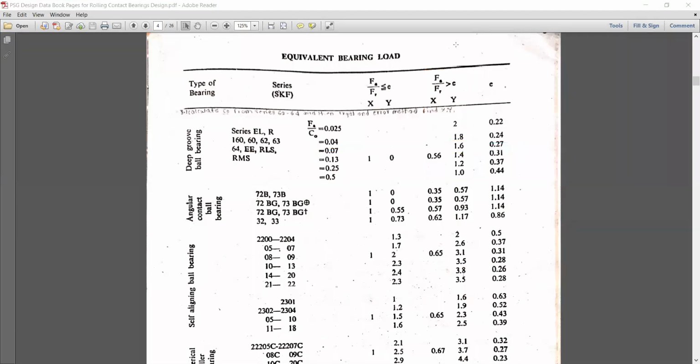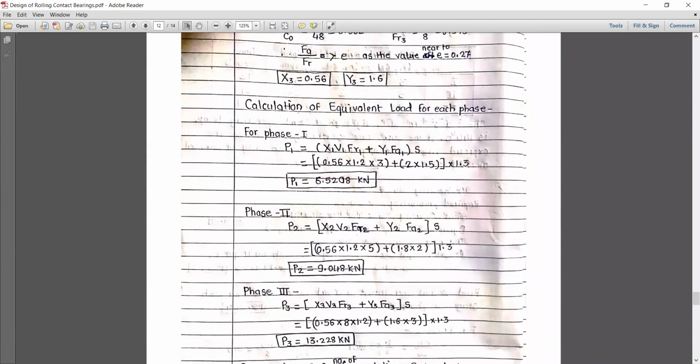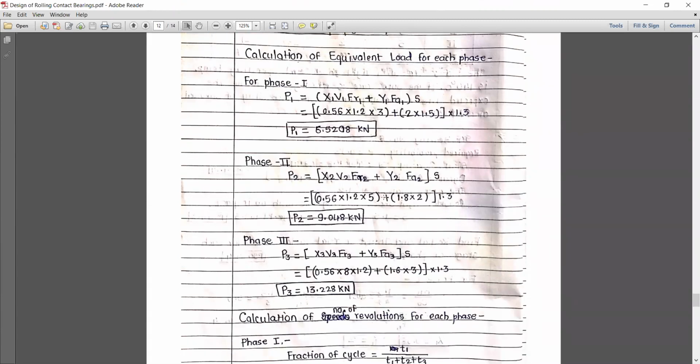Now similarly, we have just completed the calculation of radial and axial factors. Similarly, we need to calculate the equivalent load for each phase. Okay, so phase number 1, phase number 2, and phase number 3.